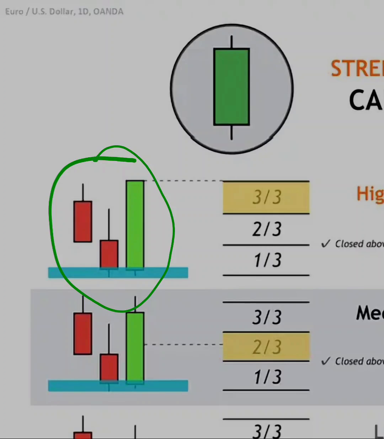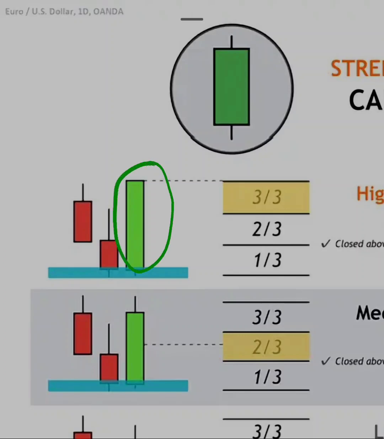When the next candle that appears in the market is bigger than these two, this one that I just circled is bigger than these two red ones. It has a full body which closed the two red ones. This is a high momentum, showing you that the buyers are taking control.